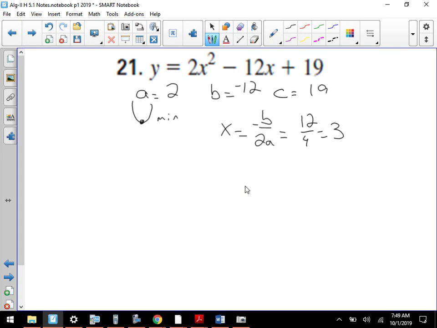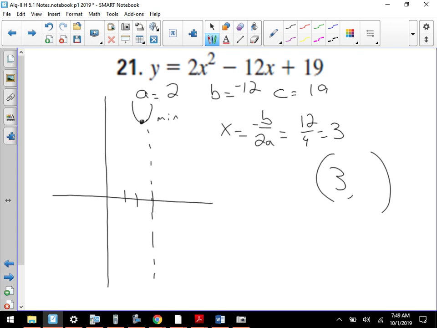Now, when you go to plot these things, we know the first thing is that the axis of symmetry will be located at 3. How do I find the y value for that then? Perfect. Remember, this is the x coordinate of your vertex.